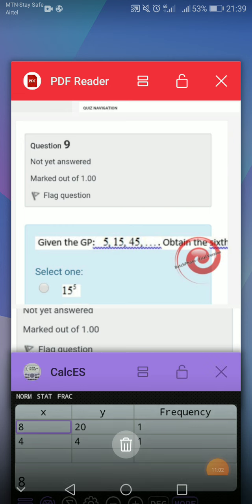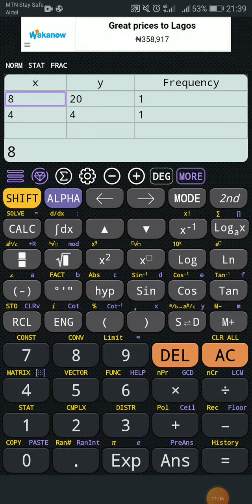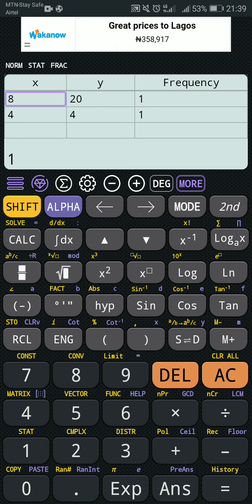So let's go back. If you look at that series, my first term is 5. So I'll write 1 equal to, representing first term. Then I move my cursor here. Here is 5 equal to, so that means first term is 5.